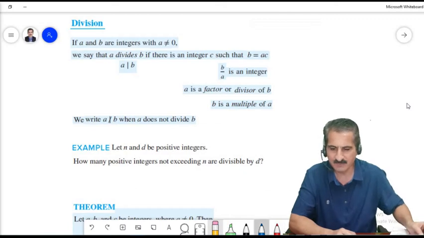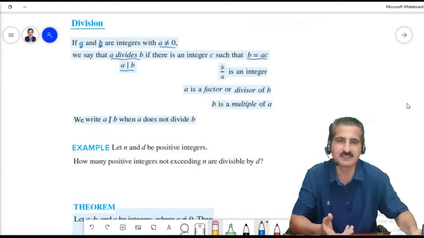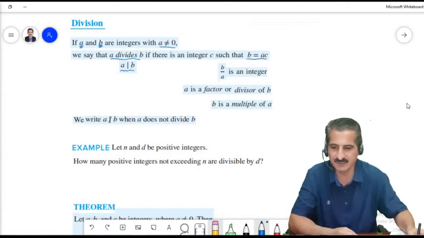If we want to divide an integer b over a, so that a is not 0, so that we don't divide over 0. We will say a divides b, written this way, if simply b equals a times some integer, which means, I like this one more, b over a is an integer.